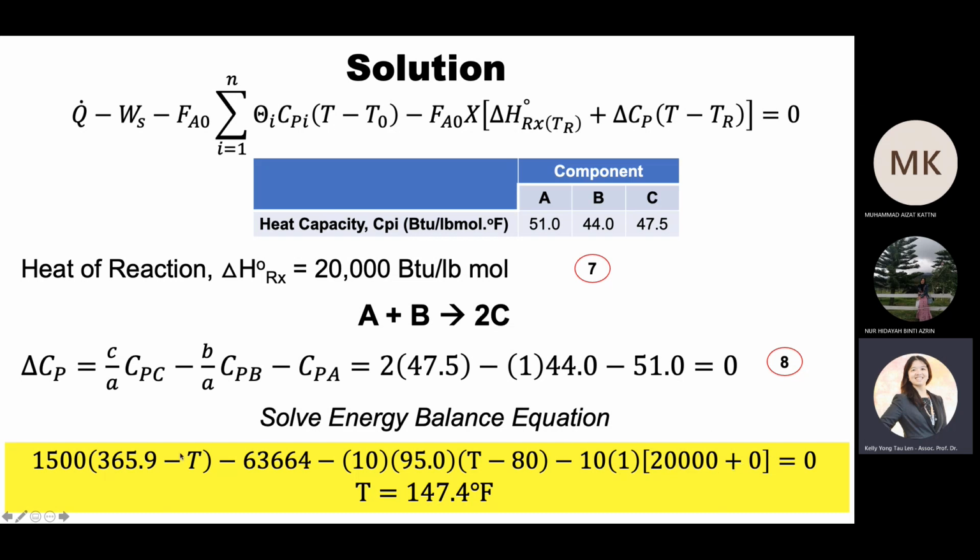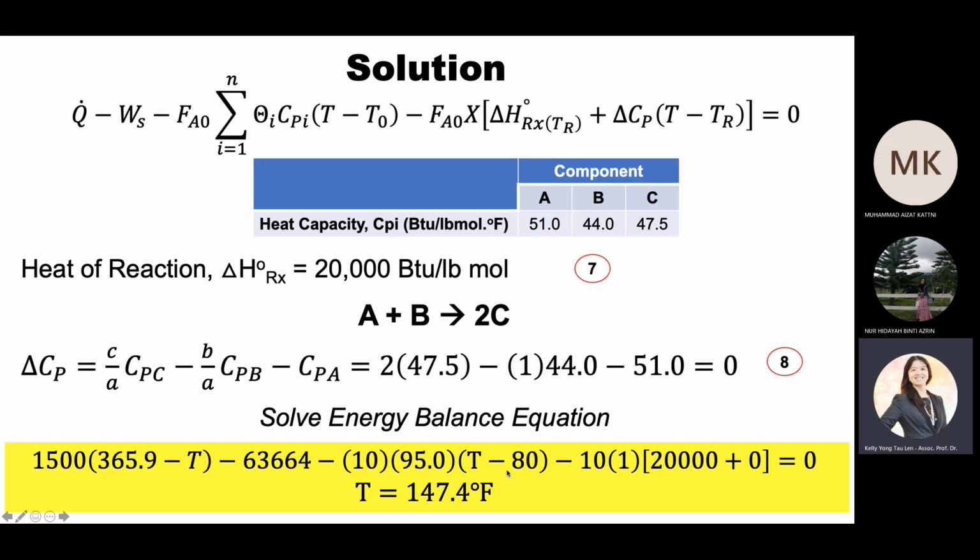Okay, so kamu tengok dalam equation ni hanya satu unknown saja, hanya temperature je. Yang lain semua kita dah solve. Barulah kita boleh dapat nilai temperature, because one equation, one unknown, then only you can solve. So you get the temperature of your reactor as 147.4 Fahrenheit.